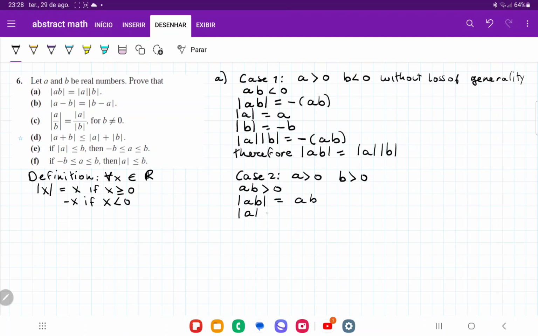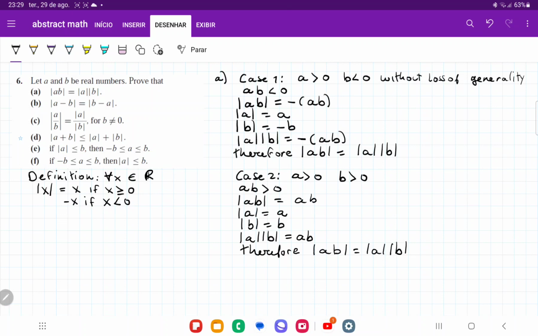Then the absolute value of A is just A, the absolute value of B is just B, and so the absolute value of A times the absolute value of B is equal to AB. We've shown they're equal to the same thing, so therefore the absolute value of AB is equal to the absolute value of A times the absolute value of B. Okay, so we've shown case 2.